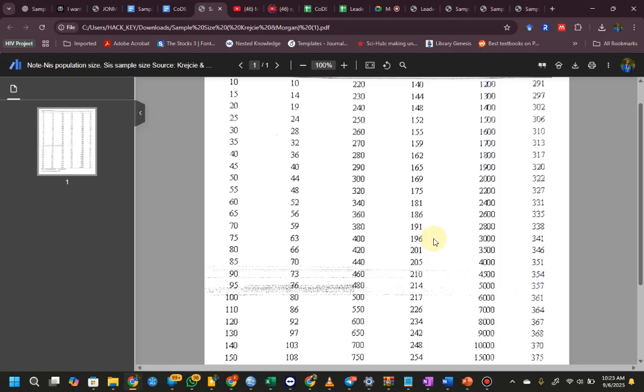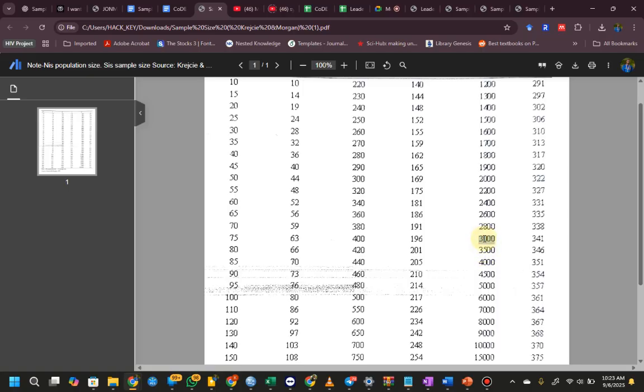So the rule of thumb is that if you have a number that is not an exact number on the table, you pick the sample size for the next number for the accessible population.